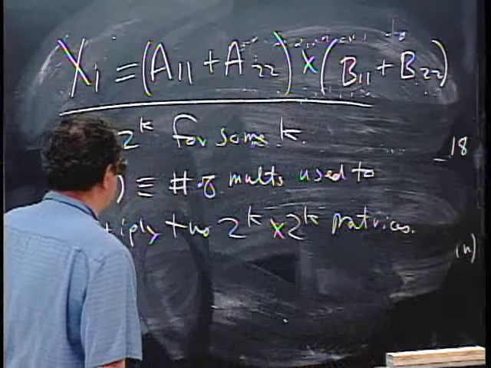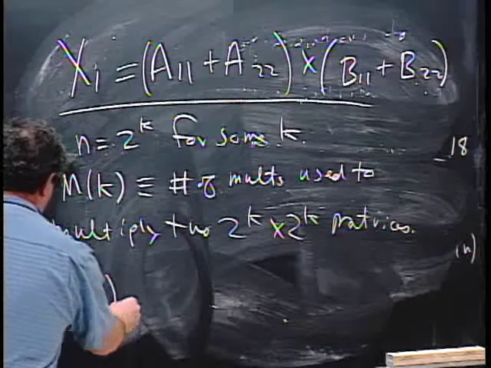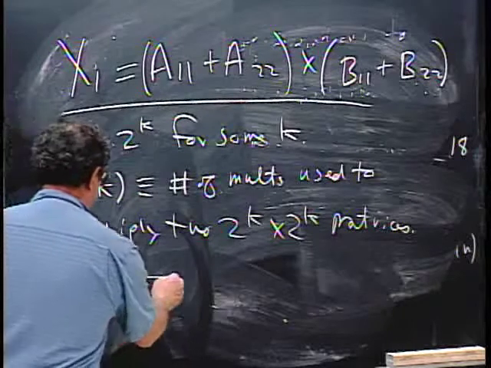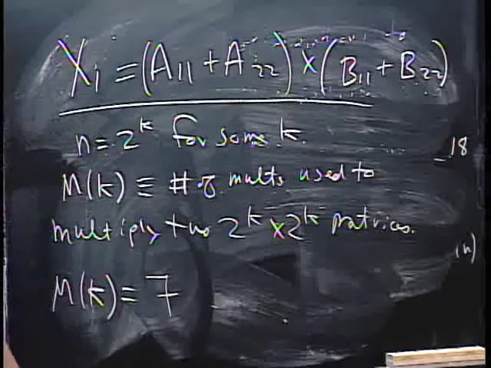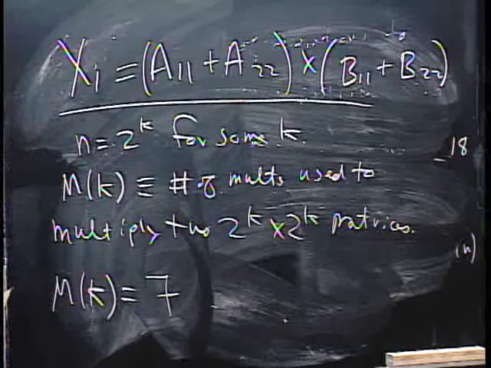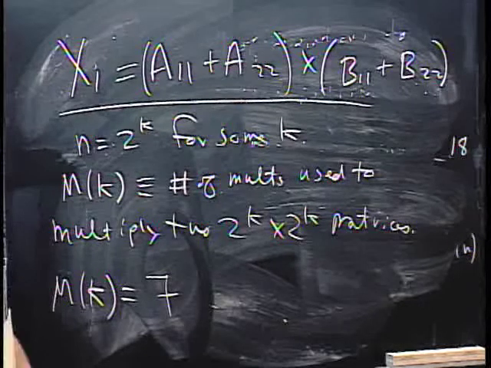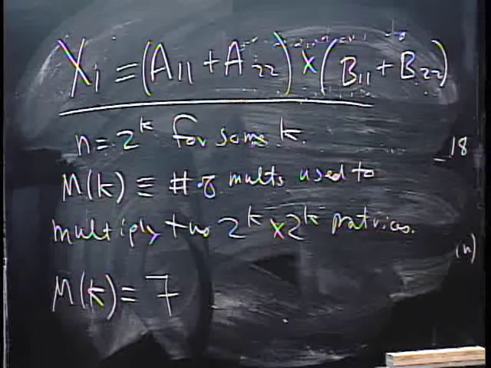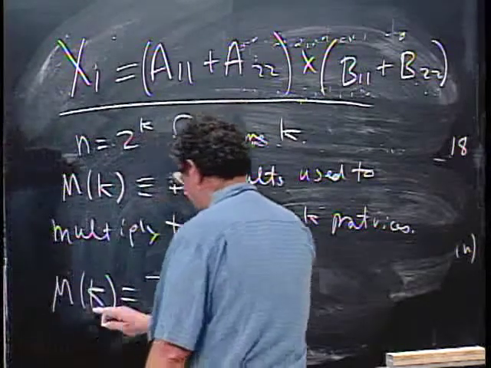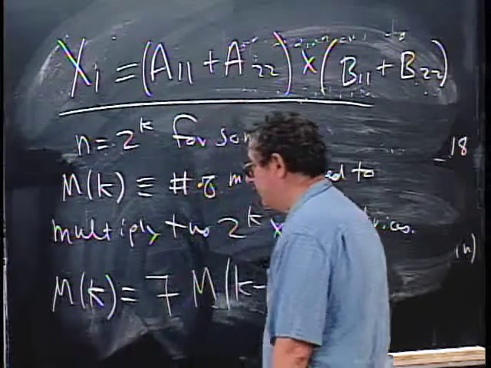Okay? So in that case, M_k is equal to, well, we know we have 7 multiplications of matrices that are now of dimension n over 2 by n over 2, which means their dimensions are 2 to the k minus 1 times 2 to the k minus 1. So M_k is equal to 7 M_{k-1}.